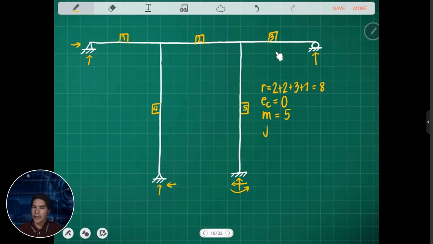And for the number of joints, we have 1, 2, 3, 4, 5, including joint at support, and 6. So we have 6 joints. So the value of 3m plus r, this is the number of unknowns. We have 3 times 5 plus 8, so a total of 23.